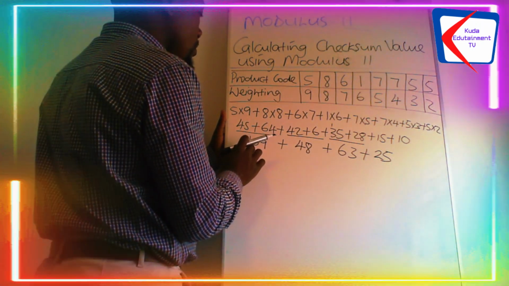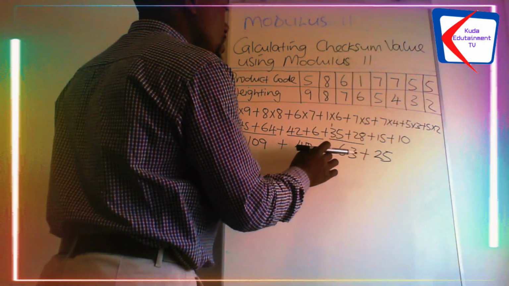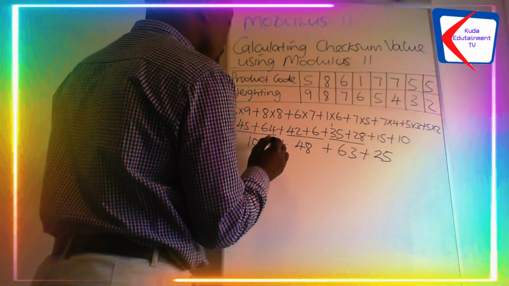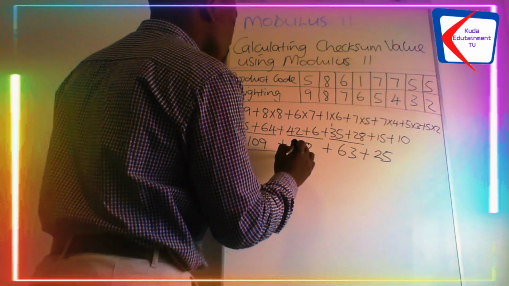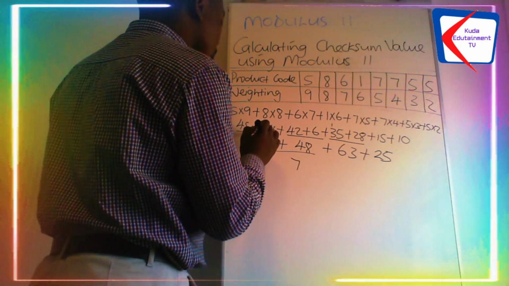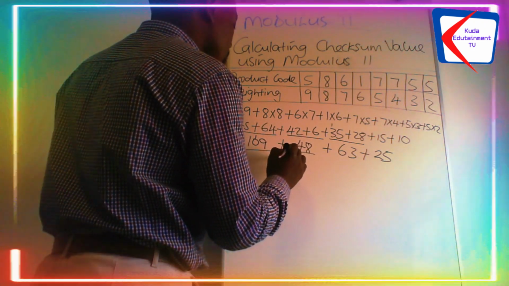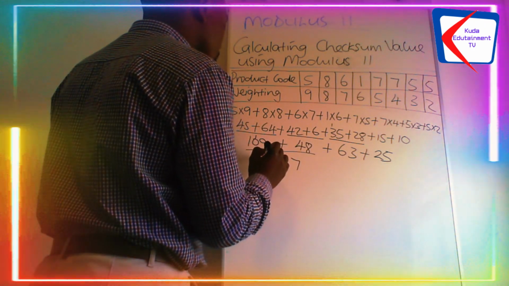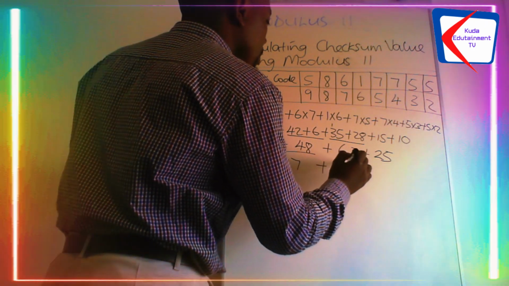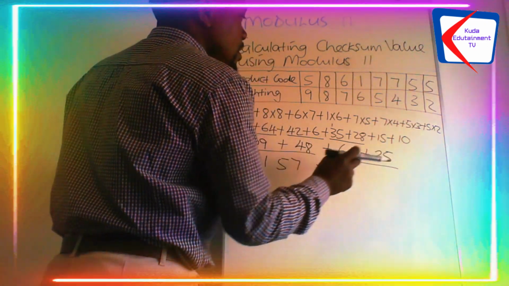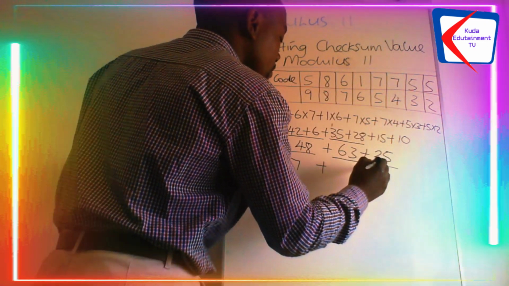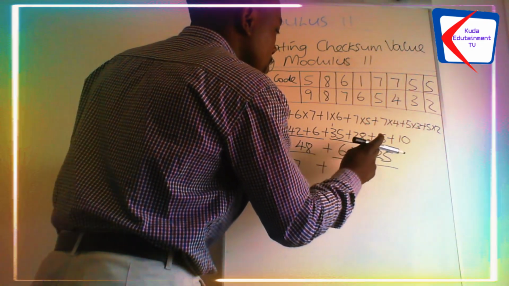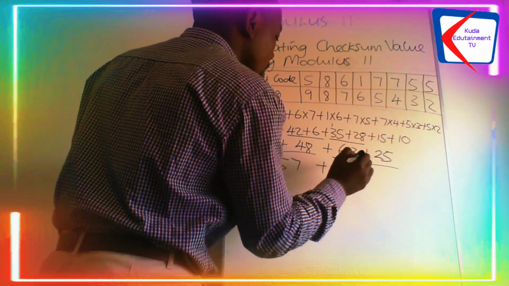Now 109 plus 48: 9 plus 8 is 17, 7 carry 1, 1 plus 4 is 5, and then 1 plus 0 is 1, so 157. Plus 63 plus 25: 63 plus 25, 3 plus 5 is 8, 6 plus 2 is 8, 88.